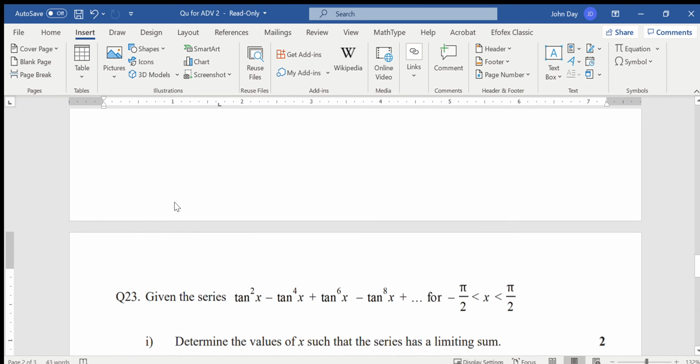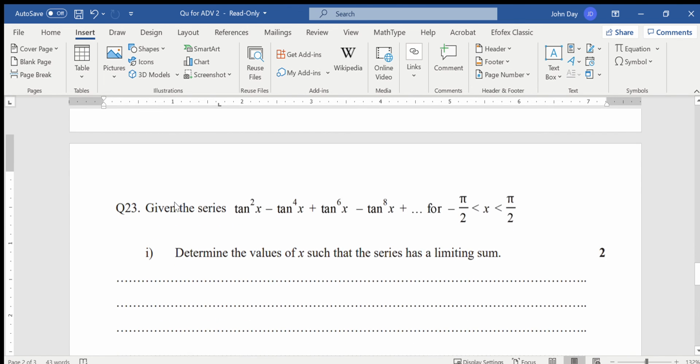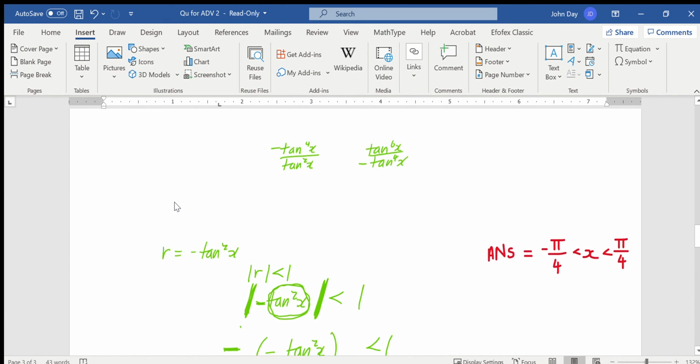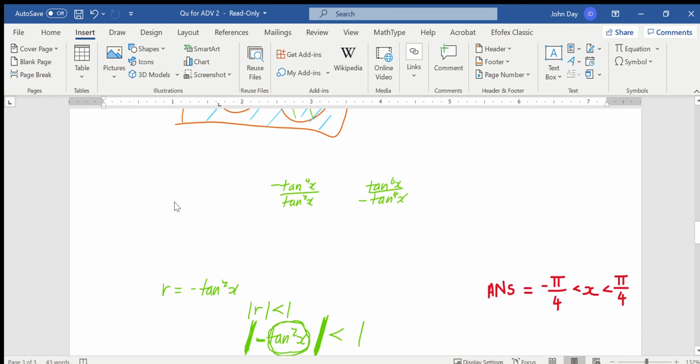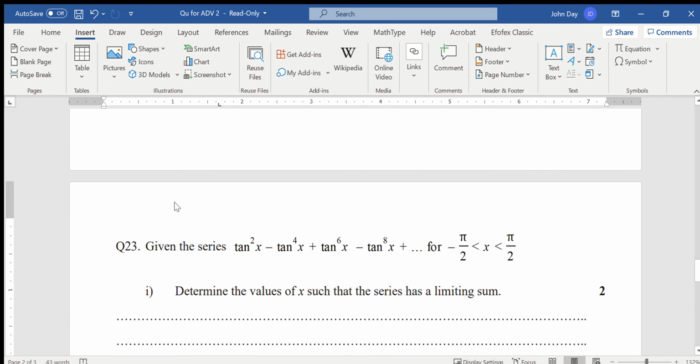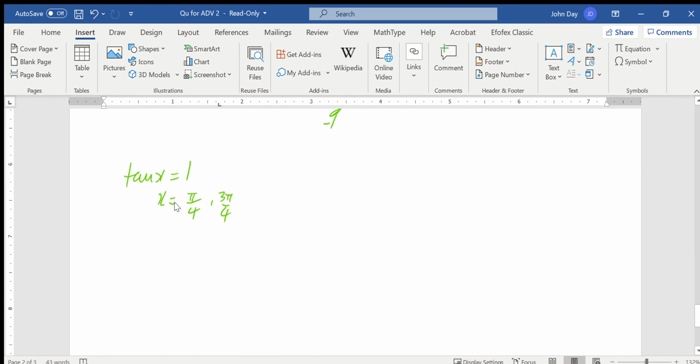Determine the values of x such that the series has a limiting sum is what we're trying to find, I think. Yeah. And if you notice, they've told us x has got to be between minus pi on 2 and pi on 2. So that's why I'm not going to need to worry about those extra bits. Pi on 4 is the only one for that.